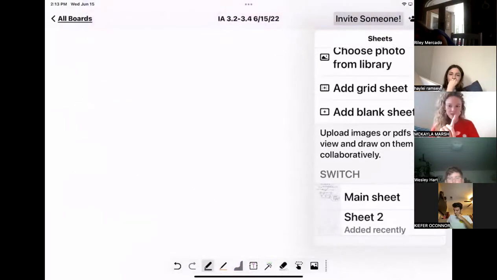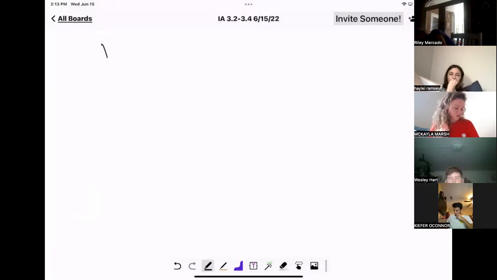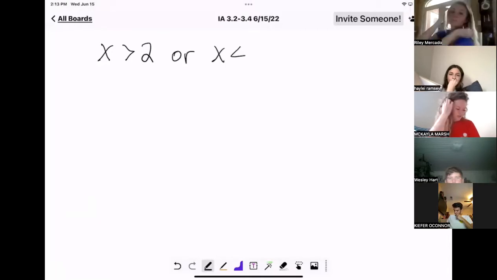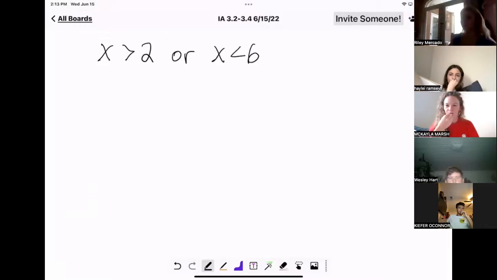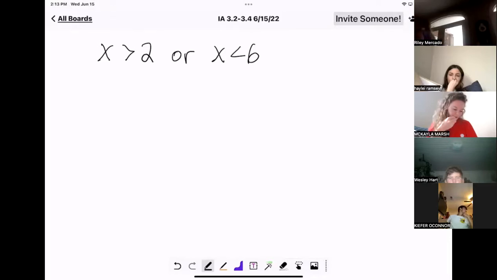There was one where the problem was like x greater than 2 or x less than 6. It's where you were having to put in the, I'm trying to think of the word for it, sorry, like where the coordinates overlap. You know what I'm talking about? When you graph it, it's supposed to be where they overlap.